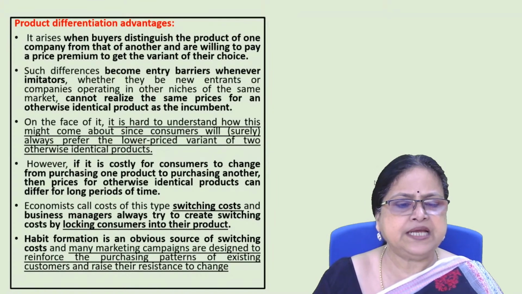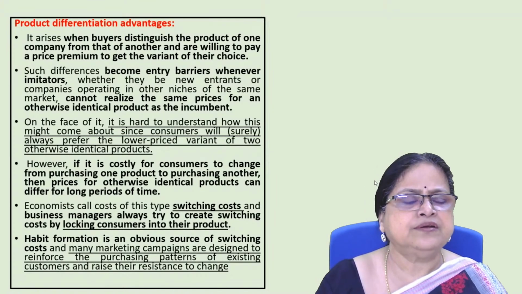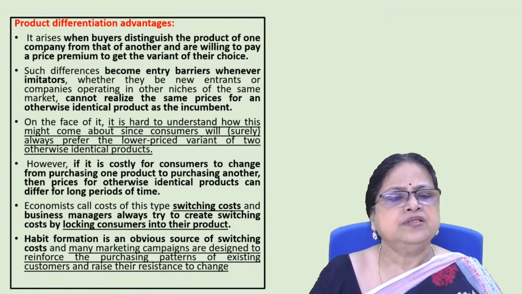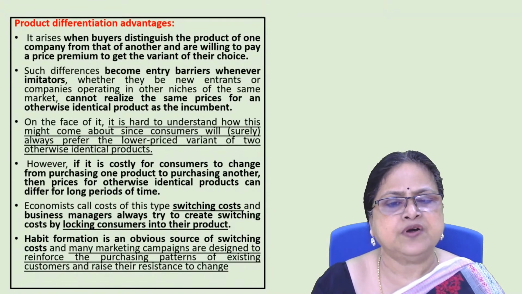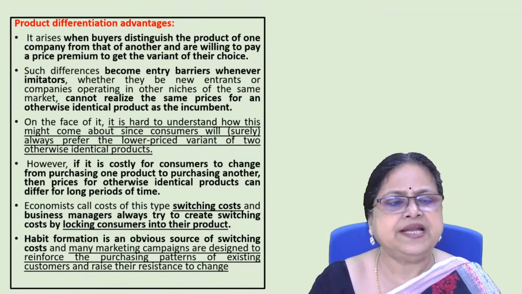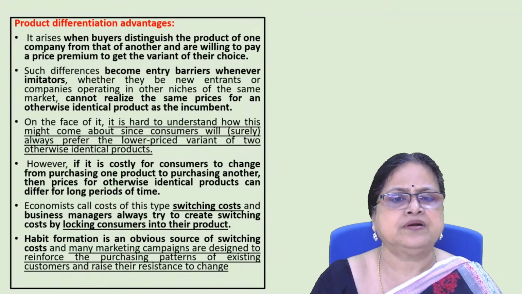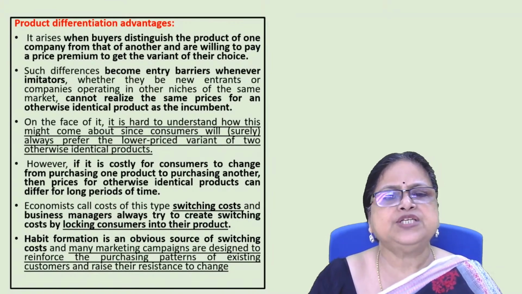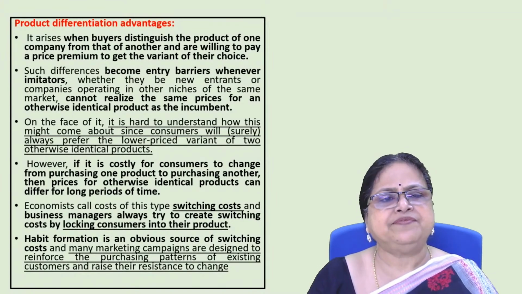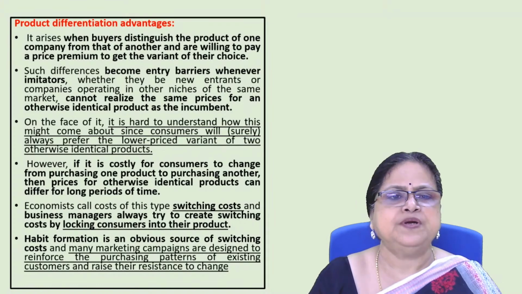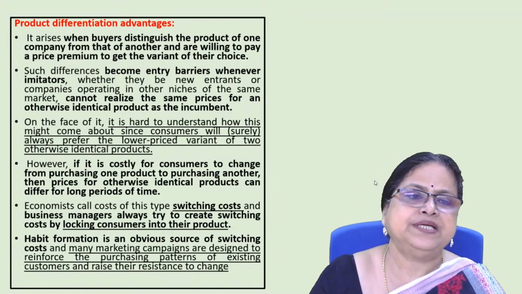I'll just read the underlined one. It is very hard to understand how this might come about, because consumers will always prefer the lower price variant of two otherwise identical products. What happens here is that buyers distinguish between the product of one company from that of another, and are willing to pay a price premium to get the variant of their choice.